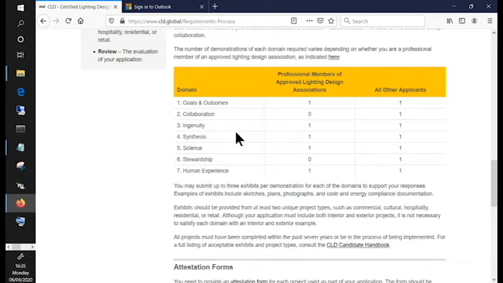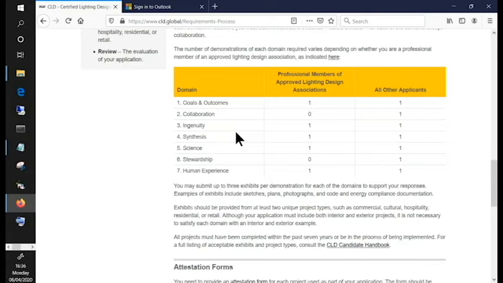And the reason for this is quite important, because we are totally independent of the association. For example, to be a member of the IALD, you have to be a totally independent lighting designer. Lighting designers working with certain business models are not allowed to apply. The CLD is all about: are you any good at doing lighting design? And can you demonstrate that you're good at it? If you can demonstrate that you're competent in lighting design, no matter how you're employed or how your projects pay, you're welcome.